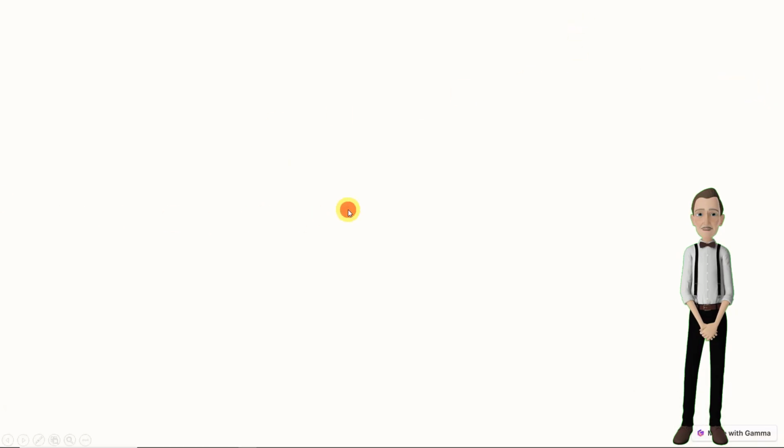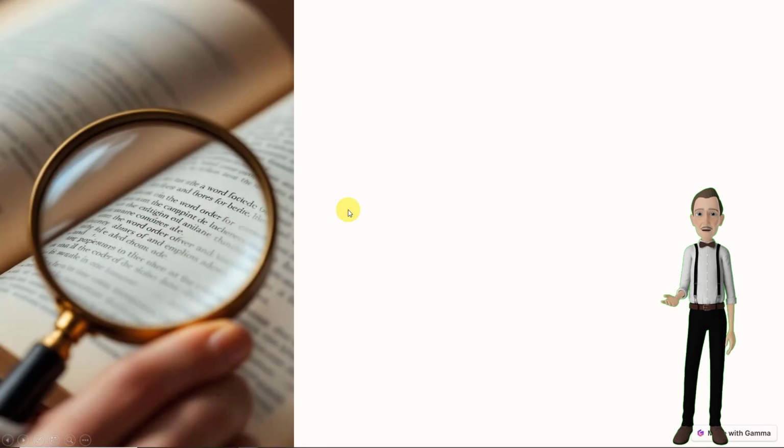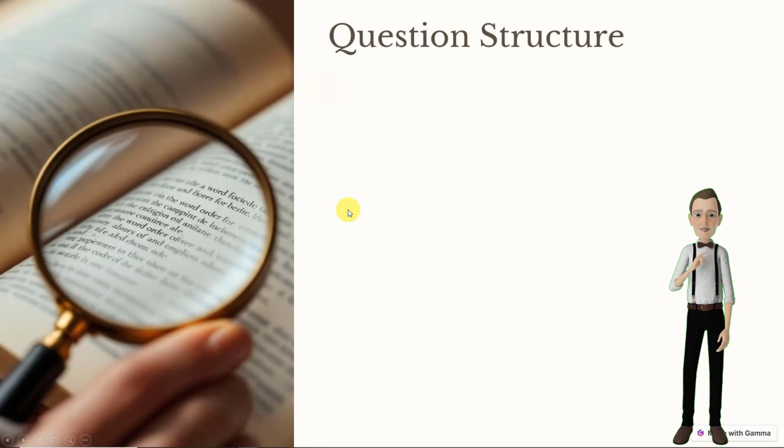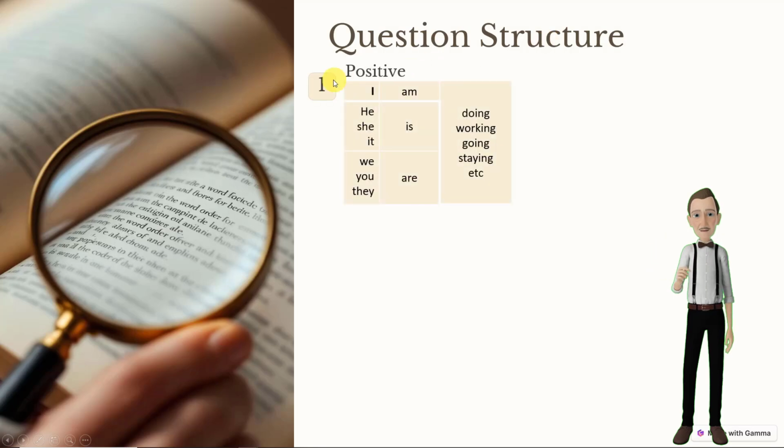Okay, let's look at the question structure, and of course at some examples. The question structure. Number one, the positive: I am; he, she, it is; we, you, they are; doing, working, going, staying, etc., whatever it could be.